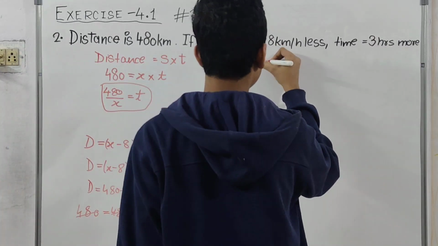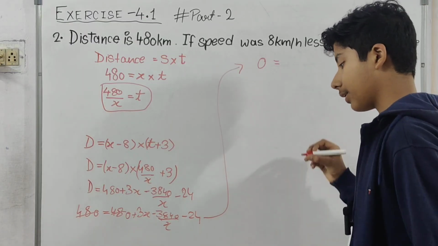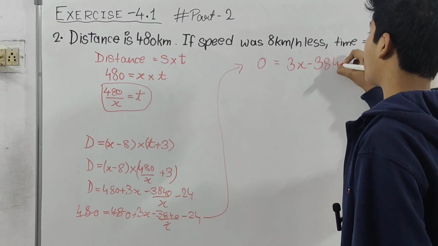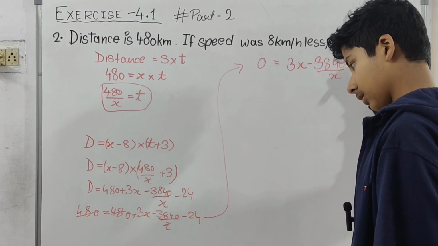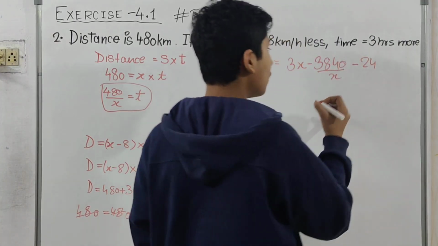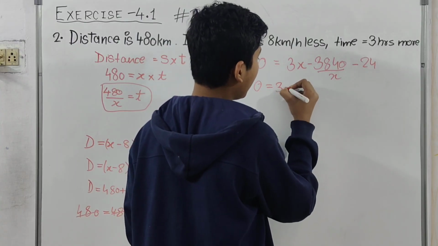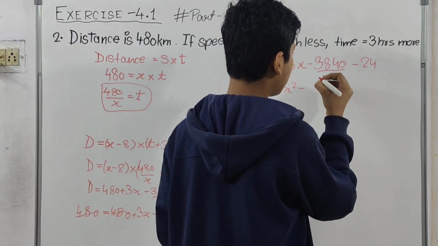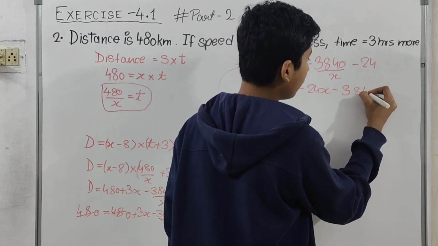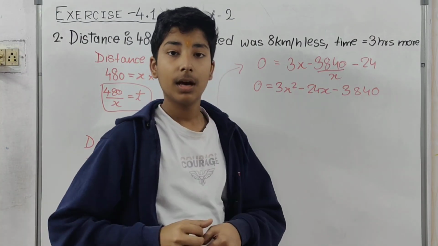So 0 equals to 3x minus 3840 upon x minus 24. Multiplying the whole equation with x, we'll get 0 equals to 3x square minus 24x minus 3840. This will be our answer.